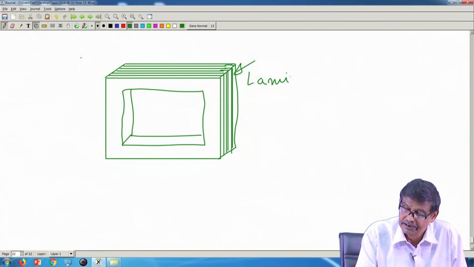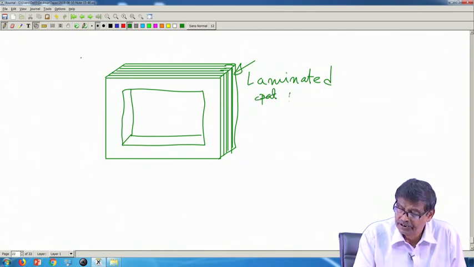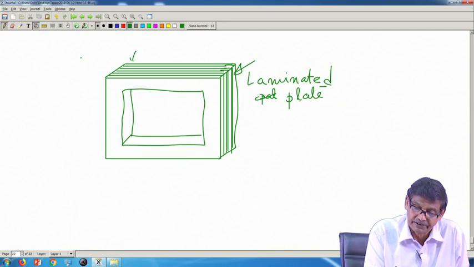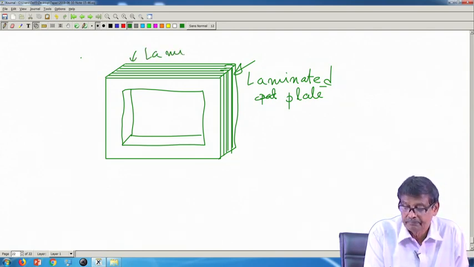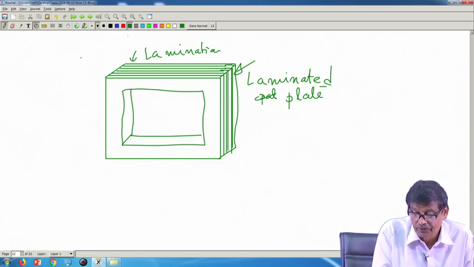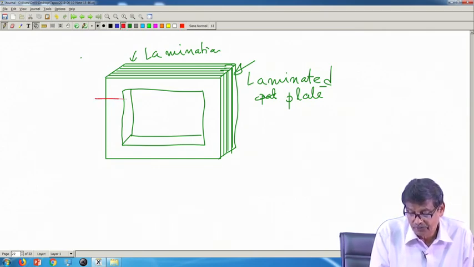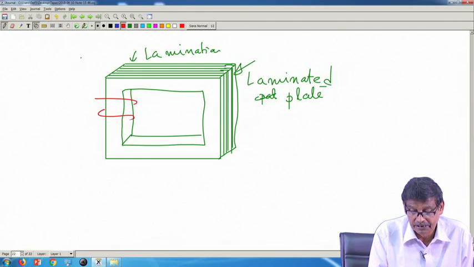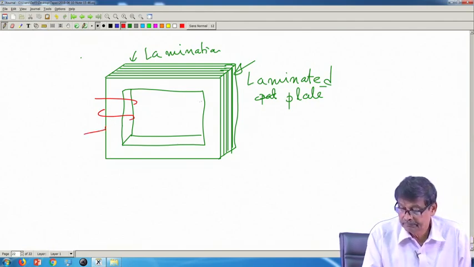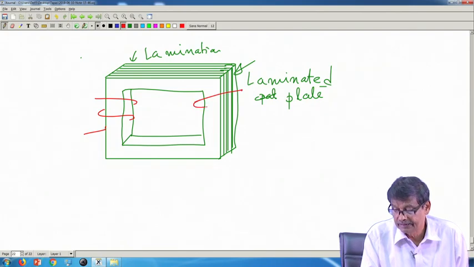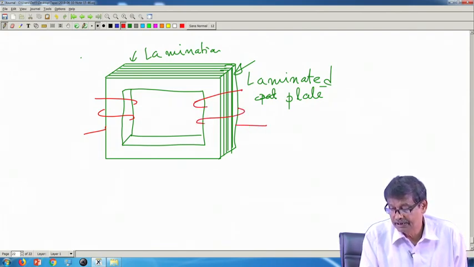Use laminated plates. In short, each plate is called a lamination. Then you make your winding not over a solid piece of iron, but like this. On the other side it is like this, make your primary and secondary.